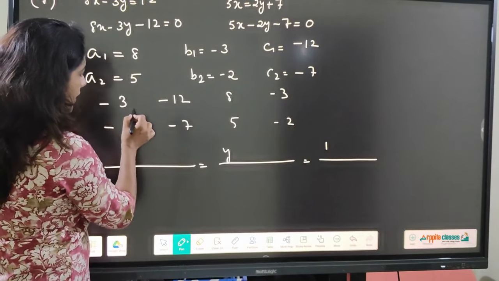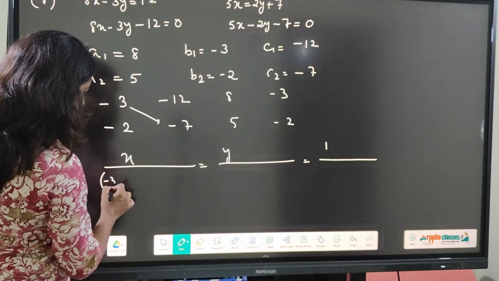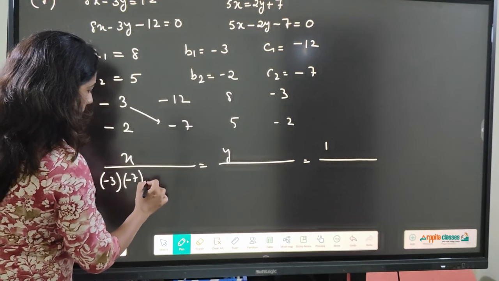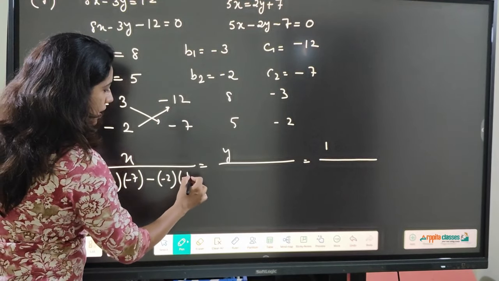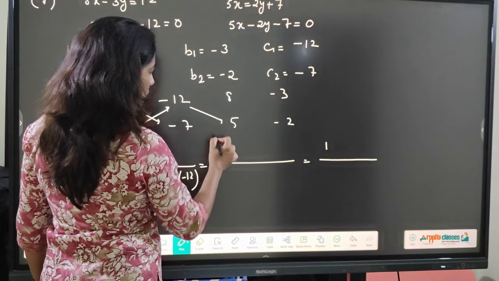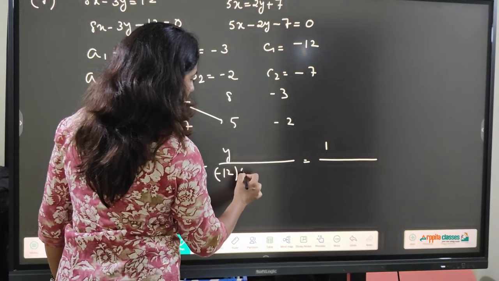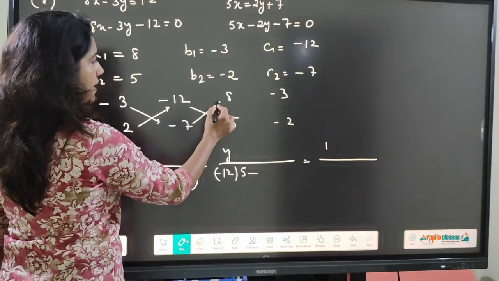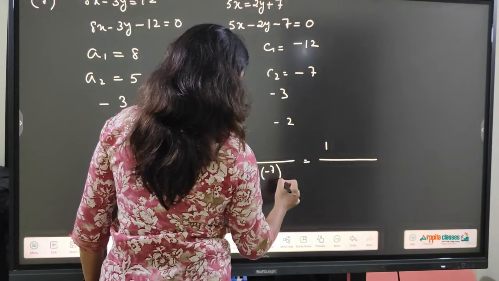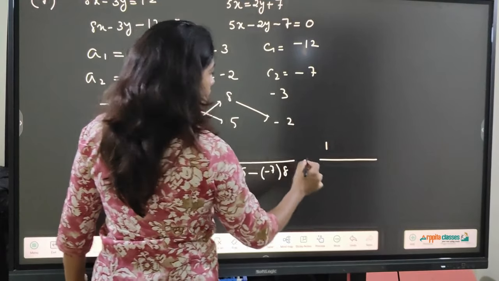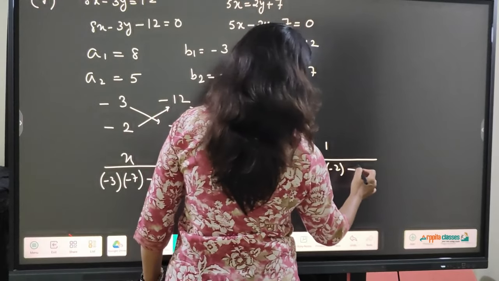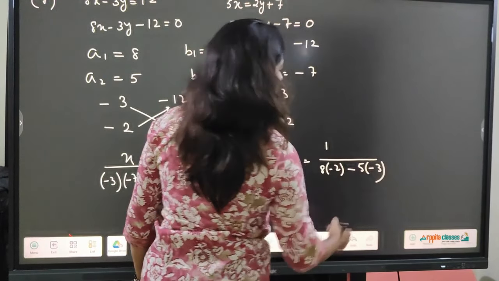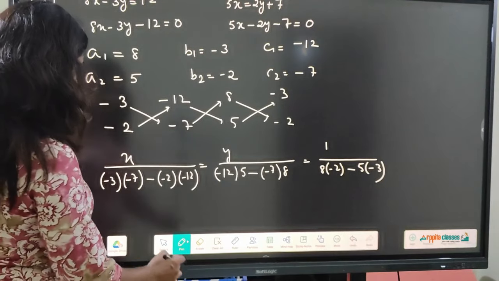So under x upon we'll write minus 3 into minus 7. There is a minus sign in between, then 2 into minus 12. Y upon minus 12 into 5. Minus in between minus 7 into 8. Under 1 upon 8 into minus 2 minus 5 into minus 3. Now we'll calculate this.